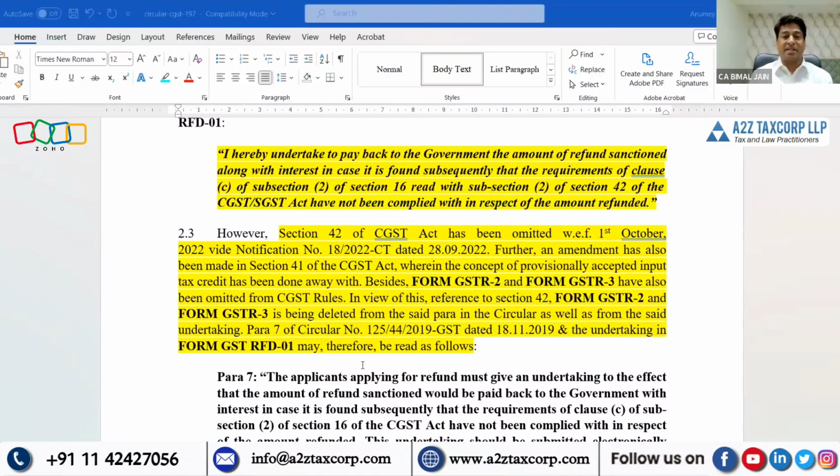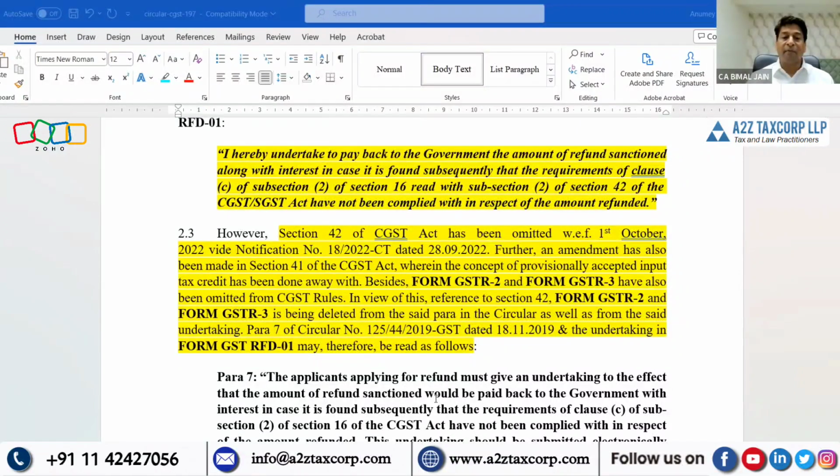In view of this, the reference to section 42, 2 and 3 is being deleted from the said para in the circular, as well as from the said undertaking. Para 7 of circular number 125, dated 18th November 2019, and the undertaking in RFD 01 may therefore be read as follows.